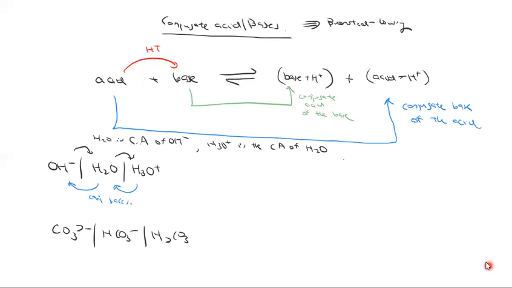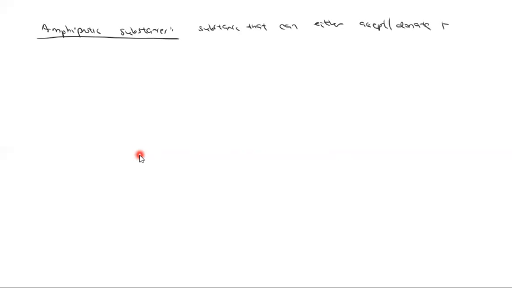This conjugate acid-base idea is quite helpful, because when we talk about amphiprotic substances, by definition, this is a substance that can either accept or donate an H+ ion.